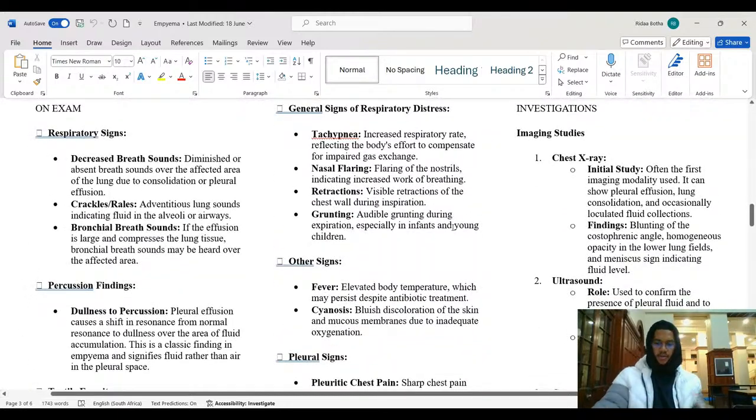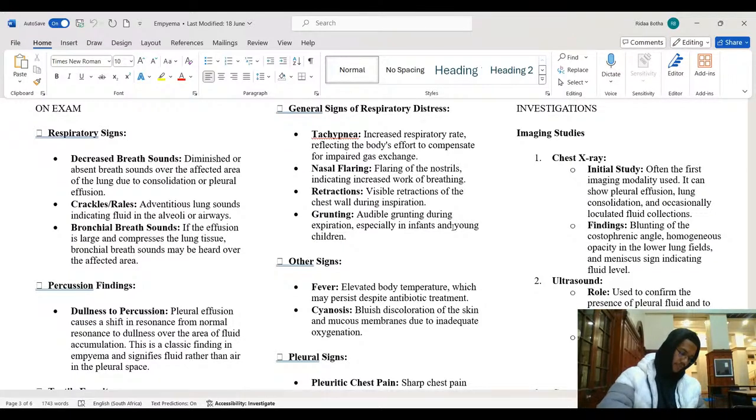In terms of the investigations, chest X-ray is the gold standard, right?